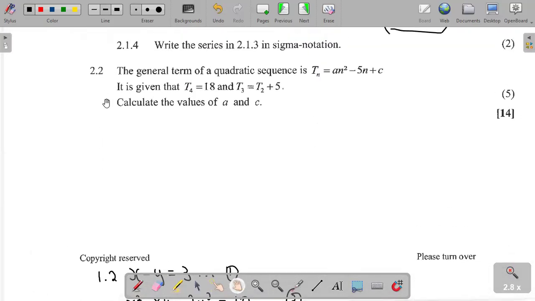And then 2.2, the general term of a quadratic sequence is Tn equals an squared minus 5n plus c. It is given that T4 equals 18 and T3 equals T2 plus 5. Okay. Calculate the values of a and c.